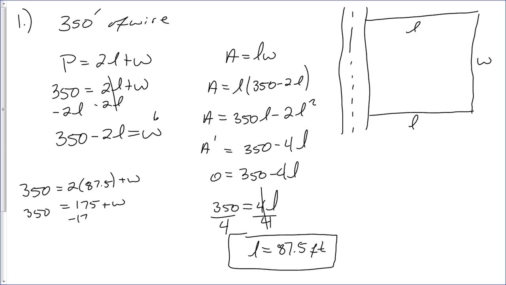So subtract 175 from both sides, and our width equals 175 feet. So the length and width of the new choice room area will be 87.5 feet long by 175 feet wide, and that will give us the maximum area. All right, moving on. Number two.